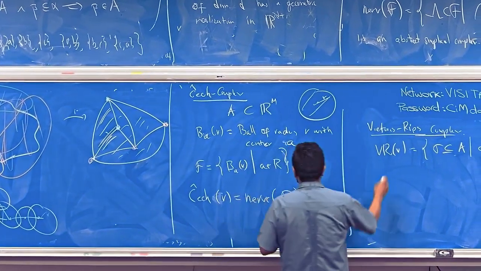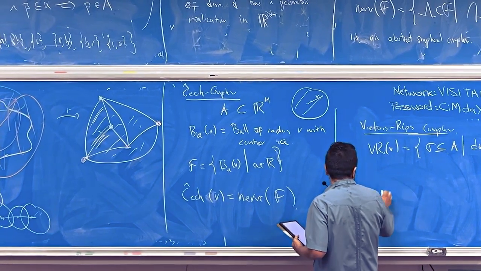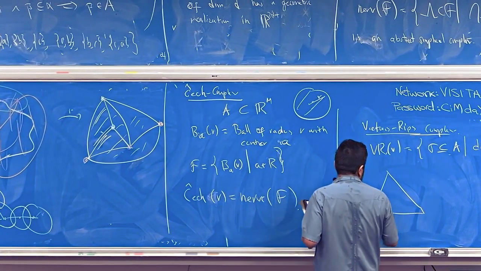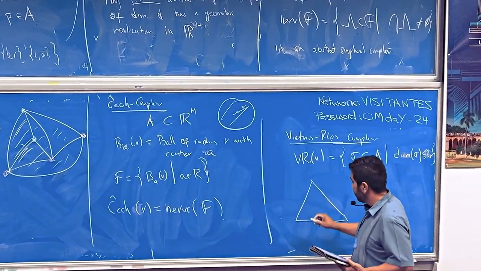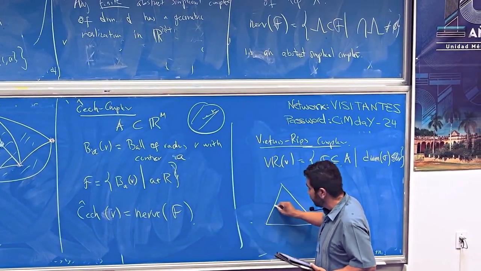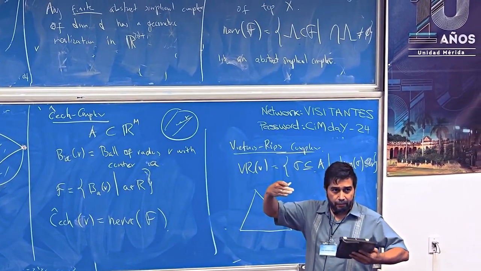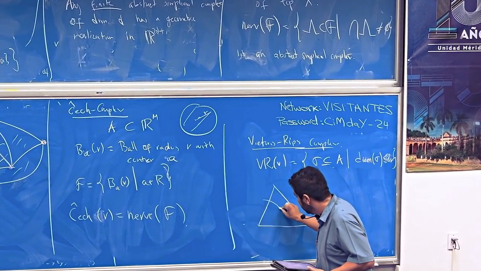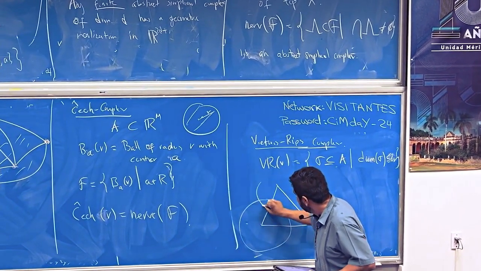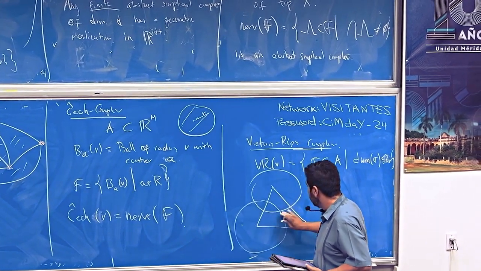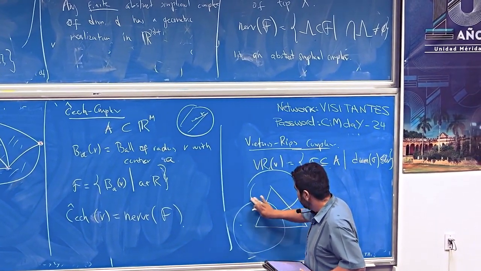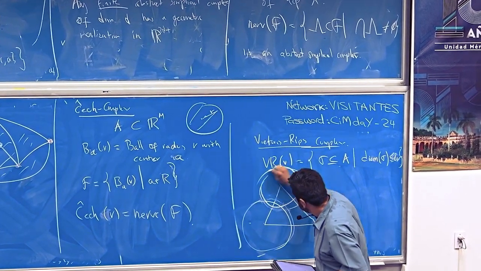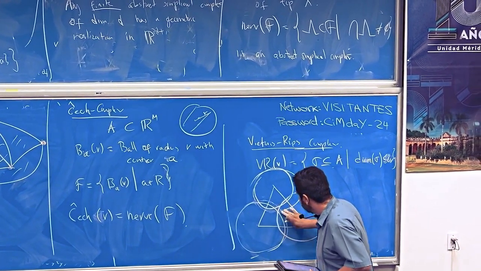But the main difference between these two can be drawn like this. For example, you have an equilateral triangle, and you have circles of radius just a little bit bigger than 1/2. Okay, let's try something smaller, something like this.